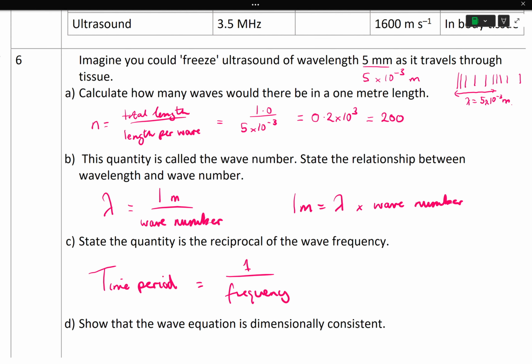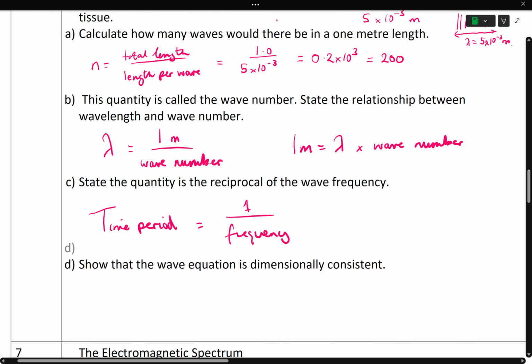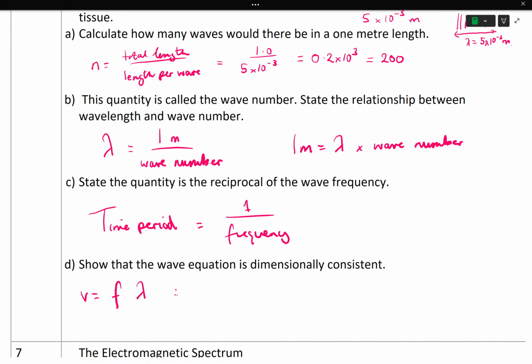When we write that down, show that the wave equation is dimensionally consistent. So our wave equation is v equals f lambda. So if we're writing this in units, the unit of velocity is meters per second.